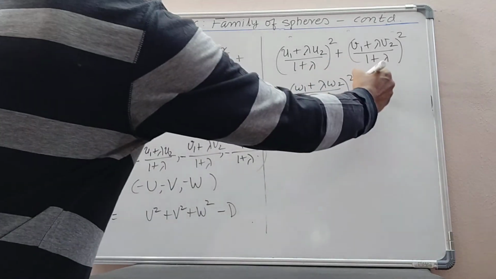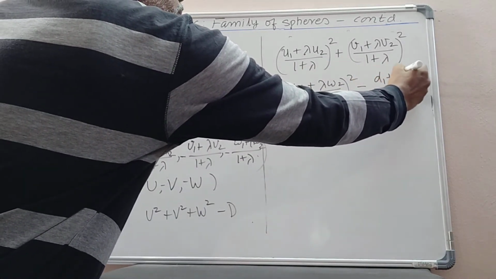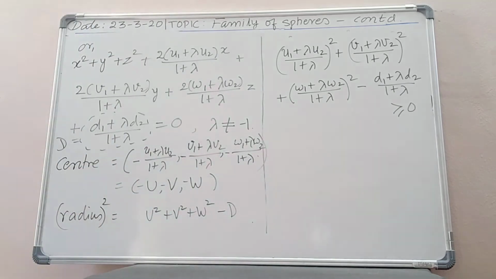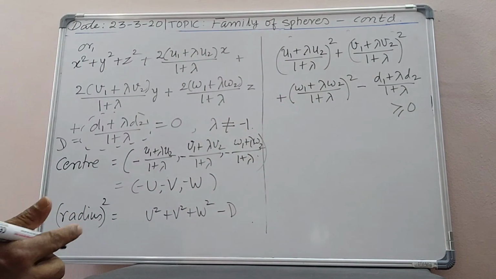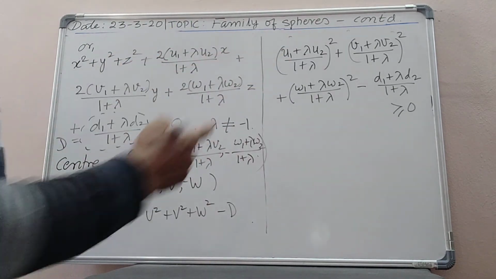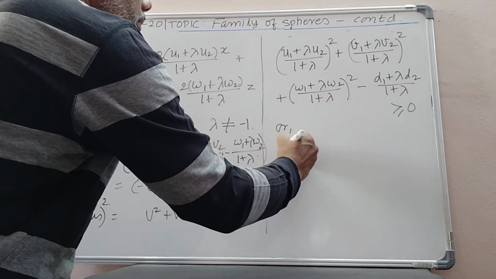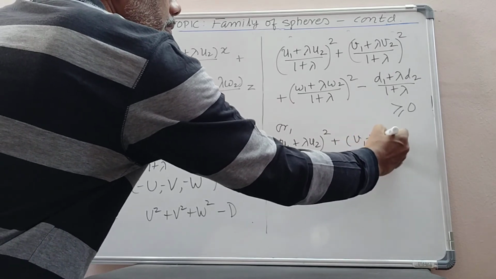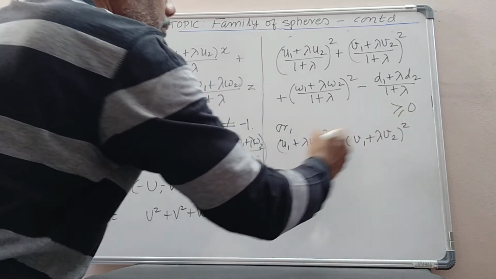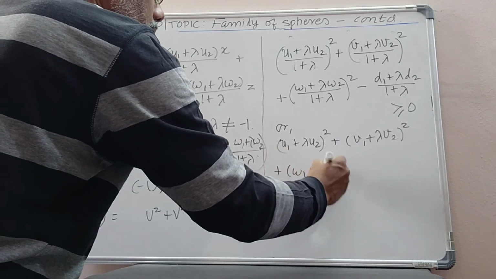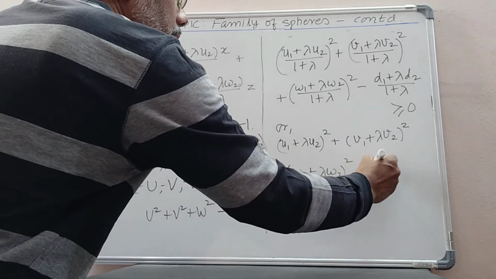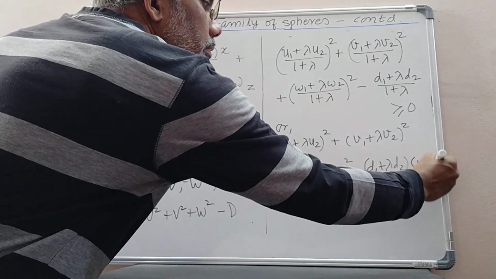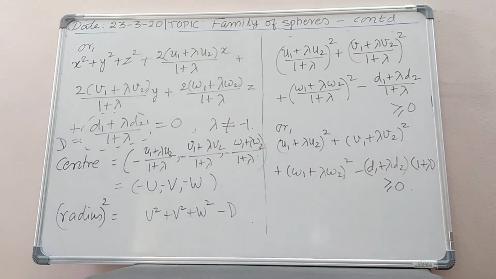Minus d. Now I can multiply the entire inequality by 1 plus lambda whole square and simplify it. That's what we get.